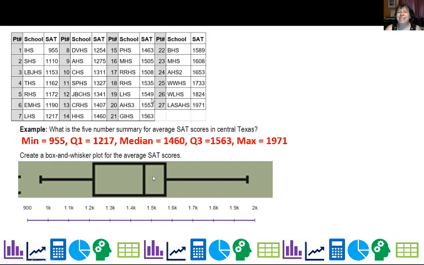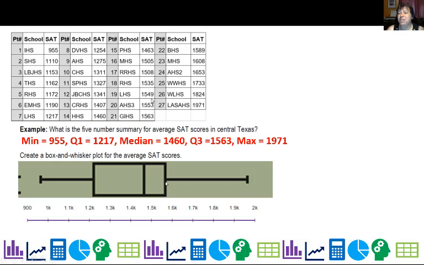It just means that the data is more tightly packed, that we actually have a lot of scores from 1460 to 1563. In fact, if you look above the median here, here are the scores: 1463, 1505, 1508, 1535, 1549, 1553. So they're not even 100 apart.